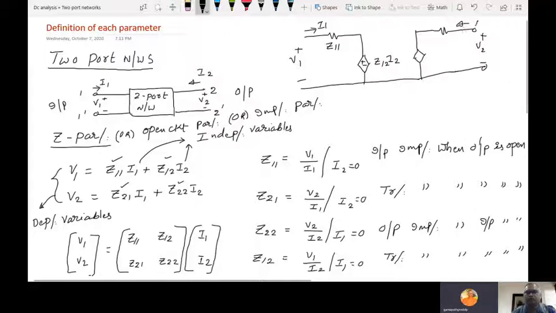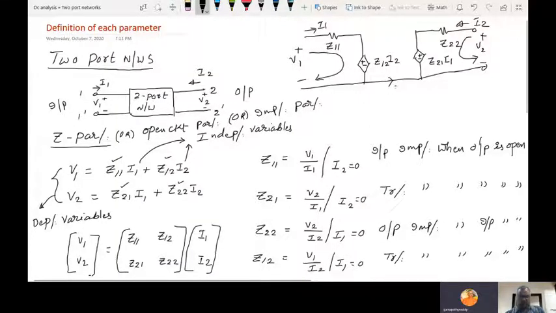V2, I2. So this is Z22, and Z21 I1. So when we write the equation for V2, you get Z21 I1 plus Z22 I2. If you write this equation, you get the same. This line is not necessary to join, but it is normal practice to join.